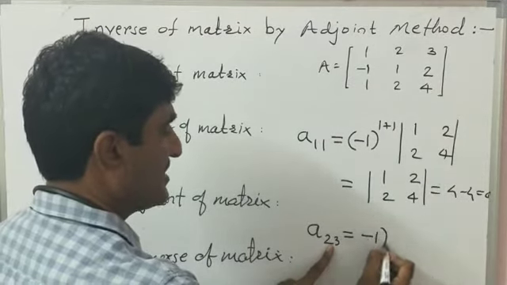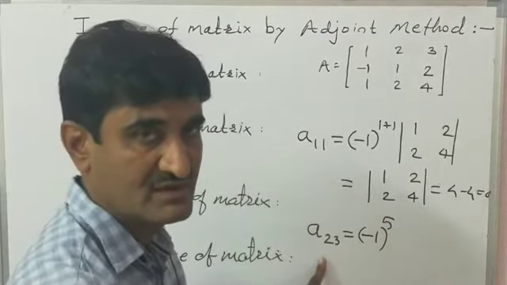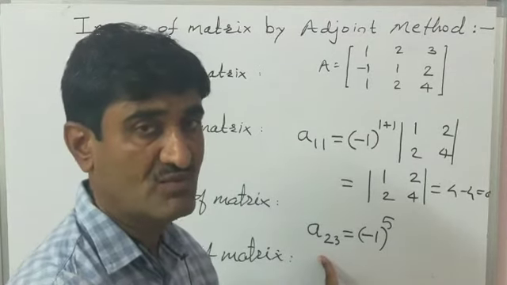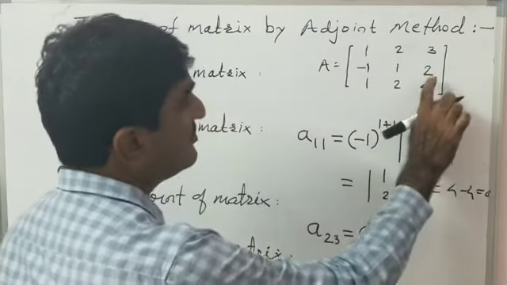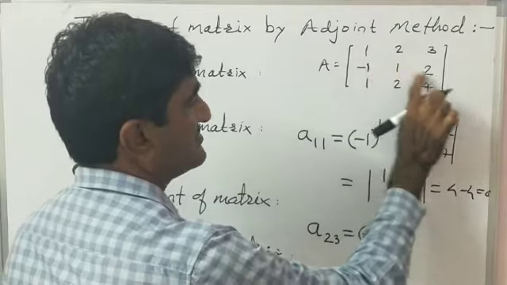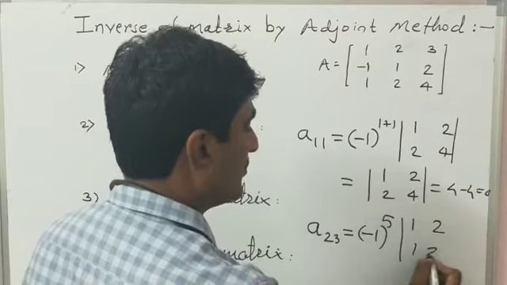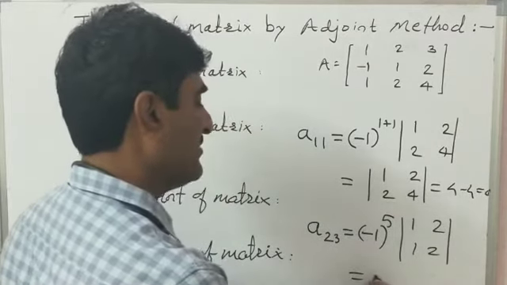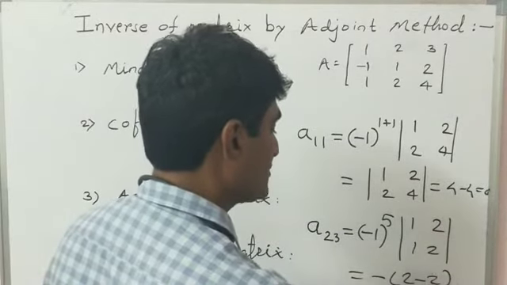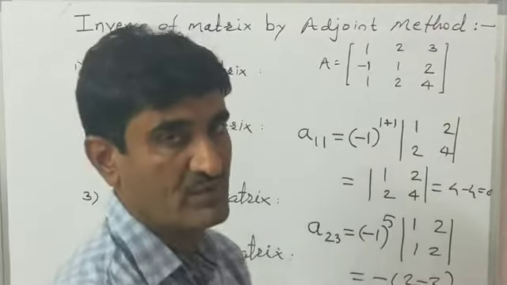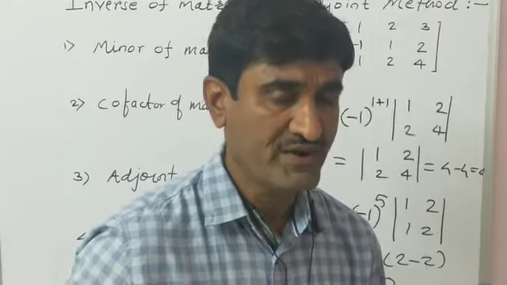Therefore, its coefficient is -1 to the power of the addition of 3 and 2, which is 5, the addition of the row number and column number. For its minor, eliminate the second row and third column, giving 1 2, 1 2. -1 to the power 5 is minus, and if we solve it, that is 2 minus 2, which is 0. In this way we find the cofactor.